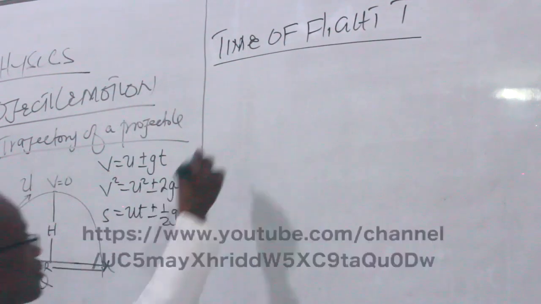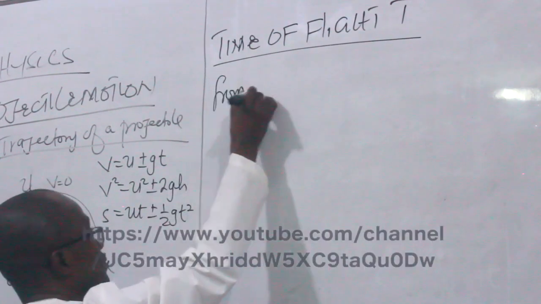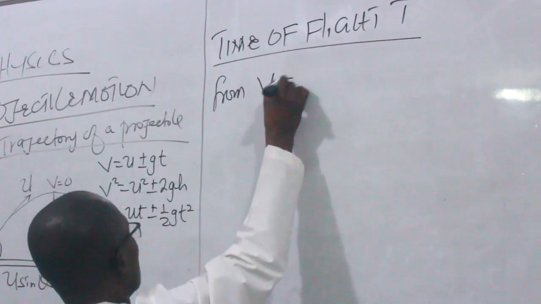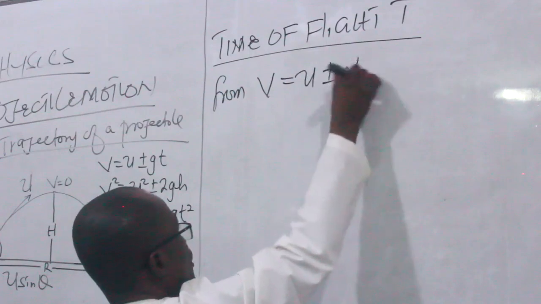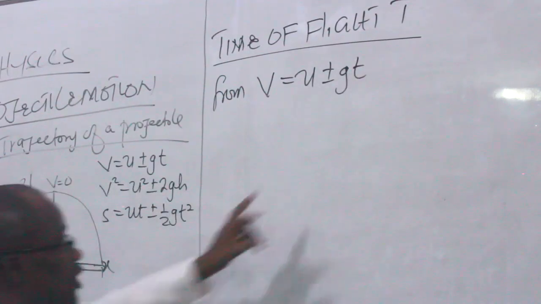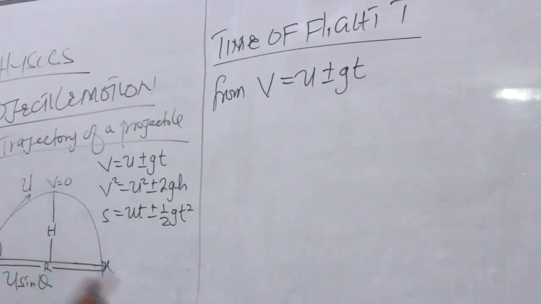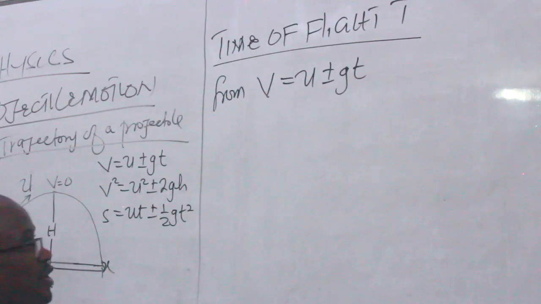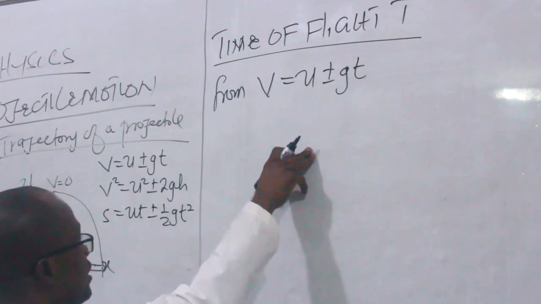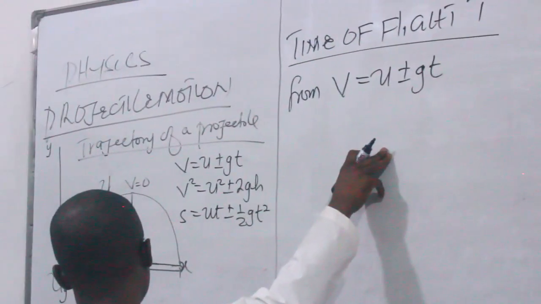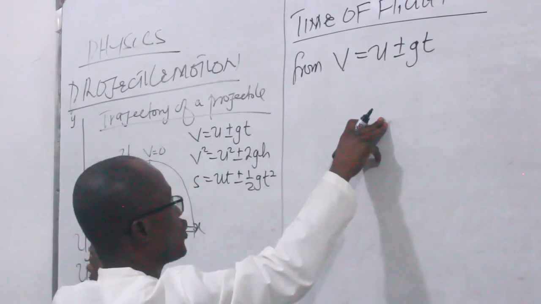Considering the first one, we'll say v equals u plus or minus gt. Supposing this small letter t stands for the time to reach the maximum height. So from here, while moving vertically, while moving upward, we now use the vertical component of u.